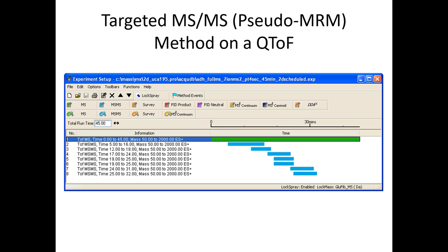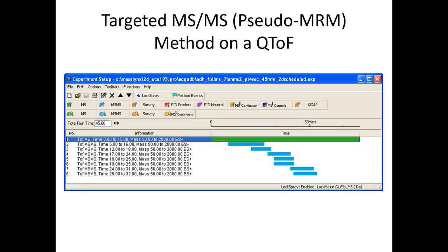So for discovery type instruments that are doing data dependent acquisition, you can run a targeted MS2 method where you've got a full scan and then certain peptides you want to monitor that you set up in the method so that you are always collecting data on them. I always spike my Pierce retention time standards into whatever background I'm looking at.